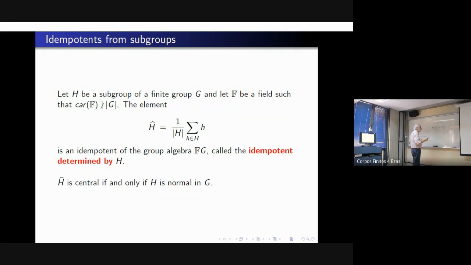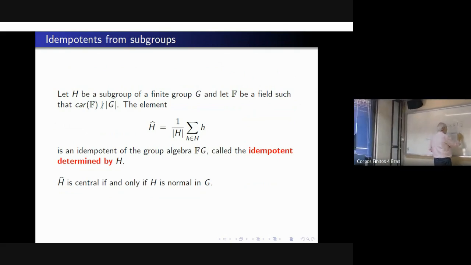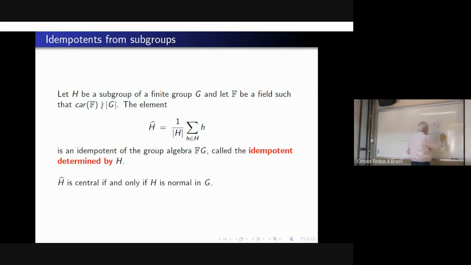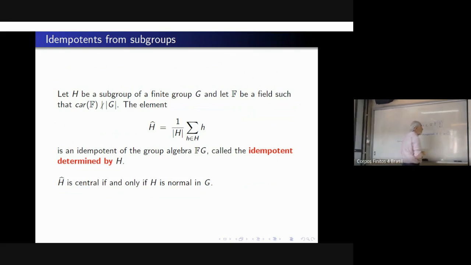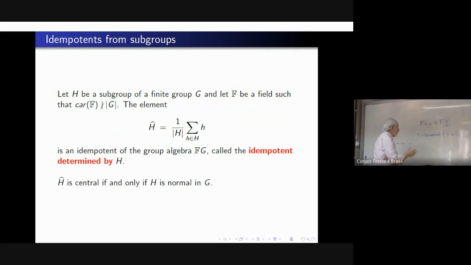And when we use codes, it's very useful to know a basis of the code. And in this case, it's easy to find a basis. Let T be a transversal of H in G. By this we mean a set of representatives of cosets.